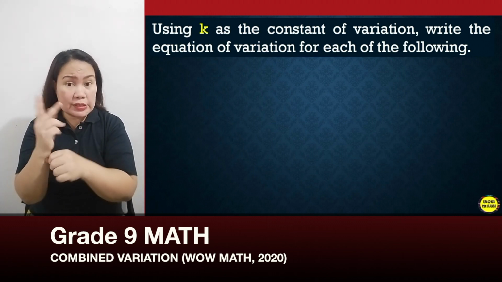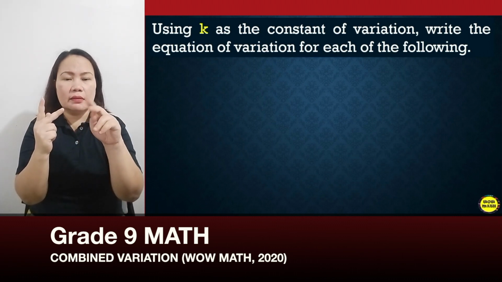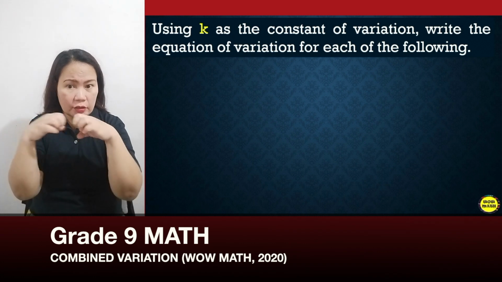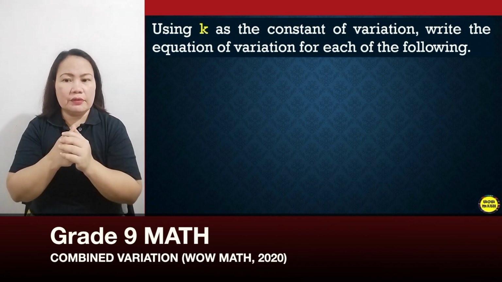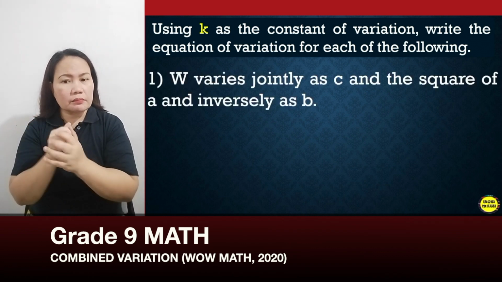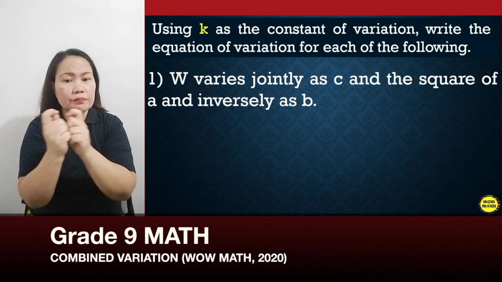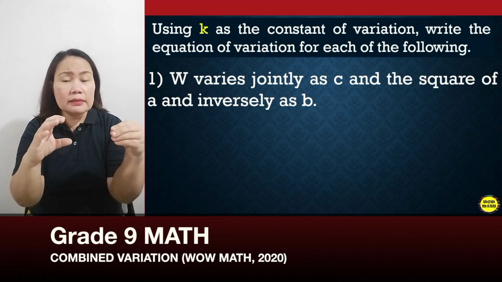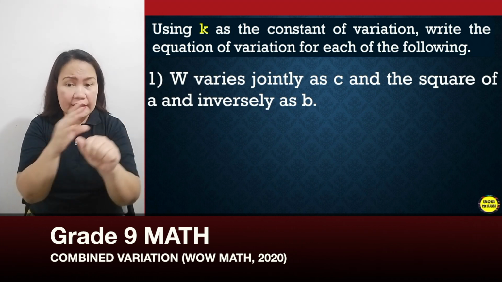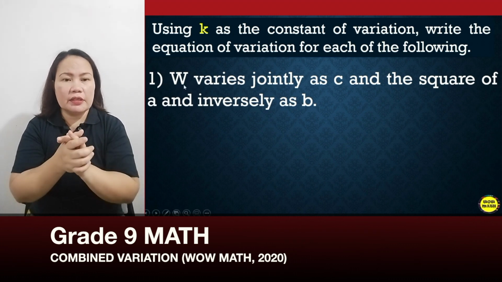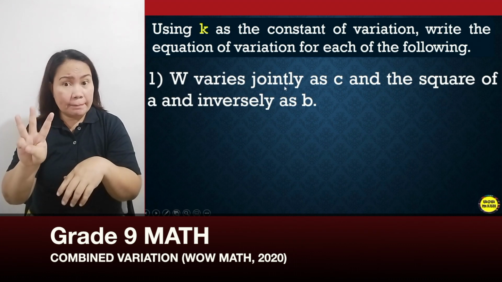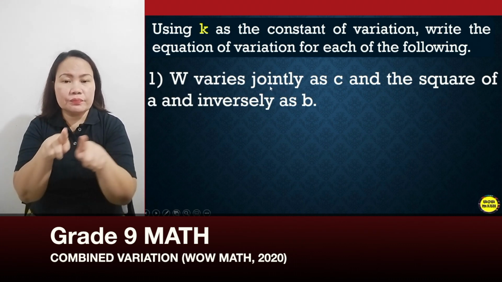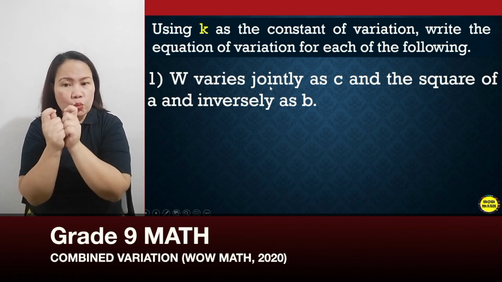Using k as the constant of variation, write the equation of variation for each of the following. First, W varies jointly as C and the square of A and inversely as B. Let us take it one by one. W varies jointly as C. Jointly means this involves two or more variables.